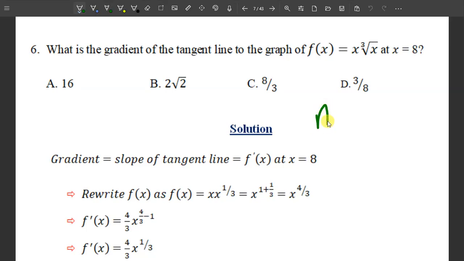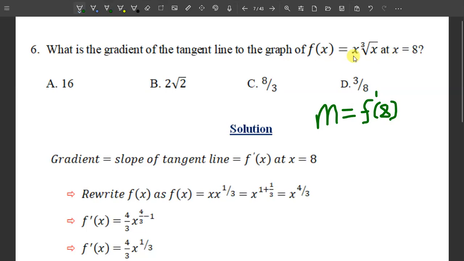This is the slope. Let us call it m. m is equal to f prime of 8. If we can find the derivative of this function and calculate the value of the derivative at x is equal to 8, then that is the gradient of the tangent line. That's the gradient.